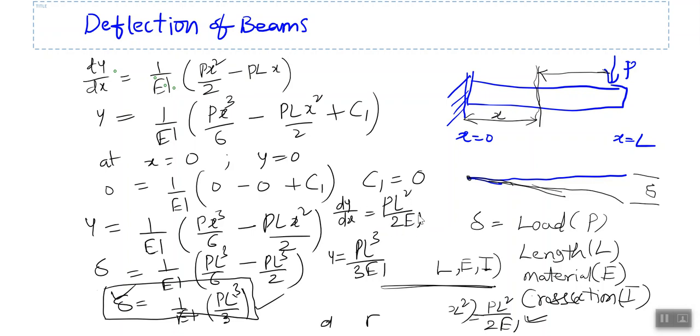This one we have seen earlier, and this equation is this one. It is better to remember these two. For a cantilever beam, the slope is PL²/2EI and the deflection is PL³/3EI.